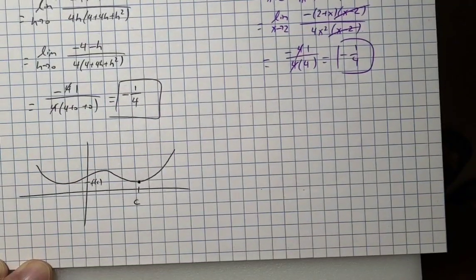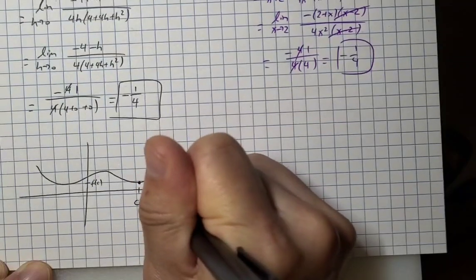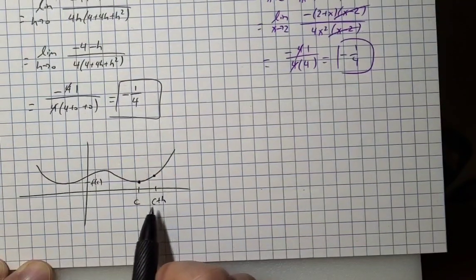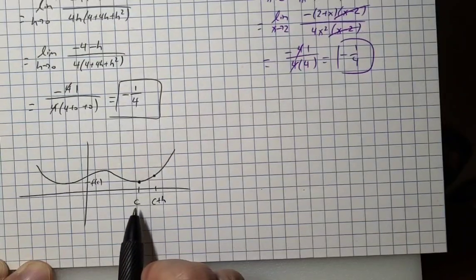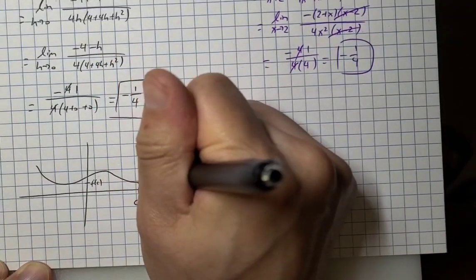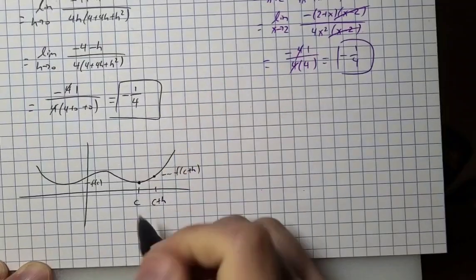And I pick a close by point, C plus h. This is c plus h. I'm adding some offset of h, a step of h to my starting point c. And h is small, okay? So this point, this y value, I'll write it over here, is f of c plus h, okay?